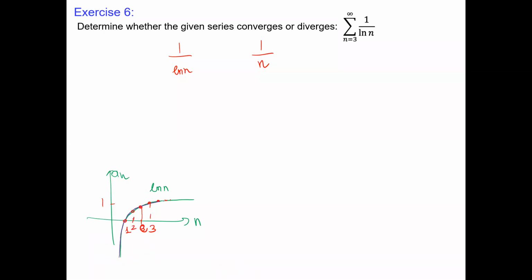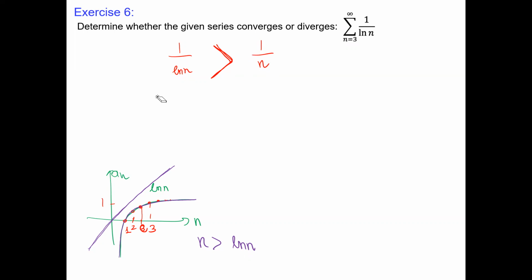Natural log of n looks like this, and the function n will look like y equals x. And we may notice this is definitely bigger. That means n is greater than ln of n. Now, if the denominator is greater, the whole fraction is smaller. Makes sense? Because n is greater than ln of n.